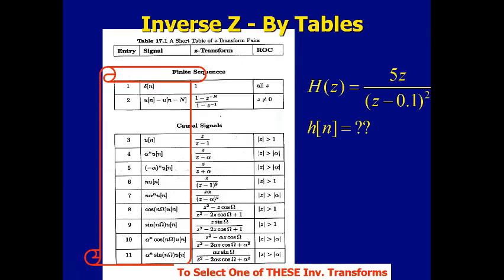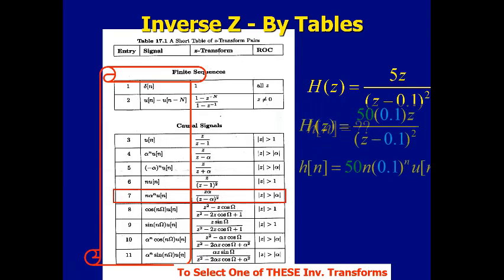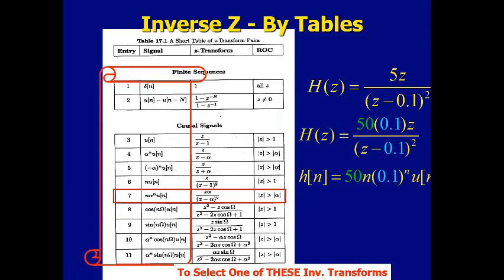In our case, 5z over z minus 0.1 squared, we see there is an entry that looks just like that. The denominator matches as long as we assign the value of 0.1 to alpha. Now we notice alpha has to appear in the numerator, so I need to manipulate my H of z so that it has that 0.1 in the denominator term and also in the numerator.